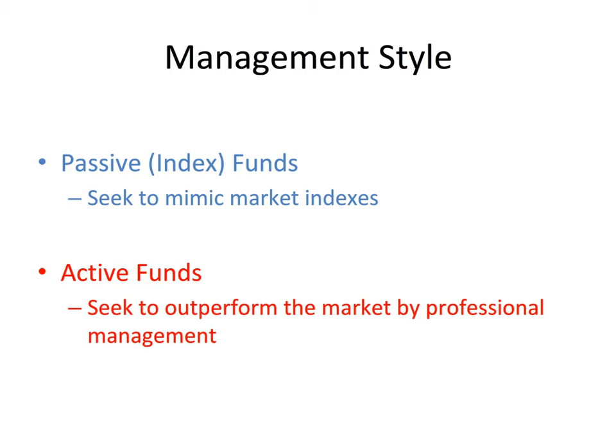Active funds seek to outperform the market, and they have professional management. That management seeks to pick high-yielding stocks or other assets to be included in the mutual fund. Given that there's this type of professional management involved in the fund, these actively managed funds typically have higher expenses. Those higher expenses have to be offset by higher returns for actively managed funds.